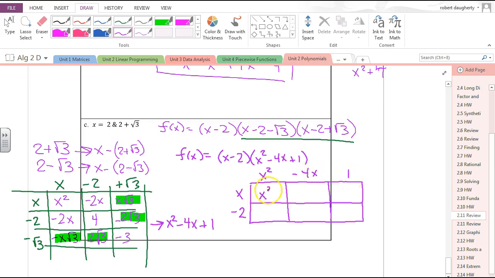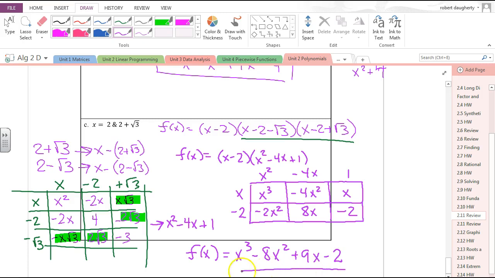Multiply here, I get x cubed minus 4x squared plus x minus 2x squared, and this is 8x minus 2. And when I combine all of this, my final answer will be f of x equals x cubed minus 8x squared plus 9x minus 2.